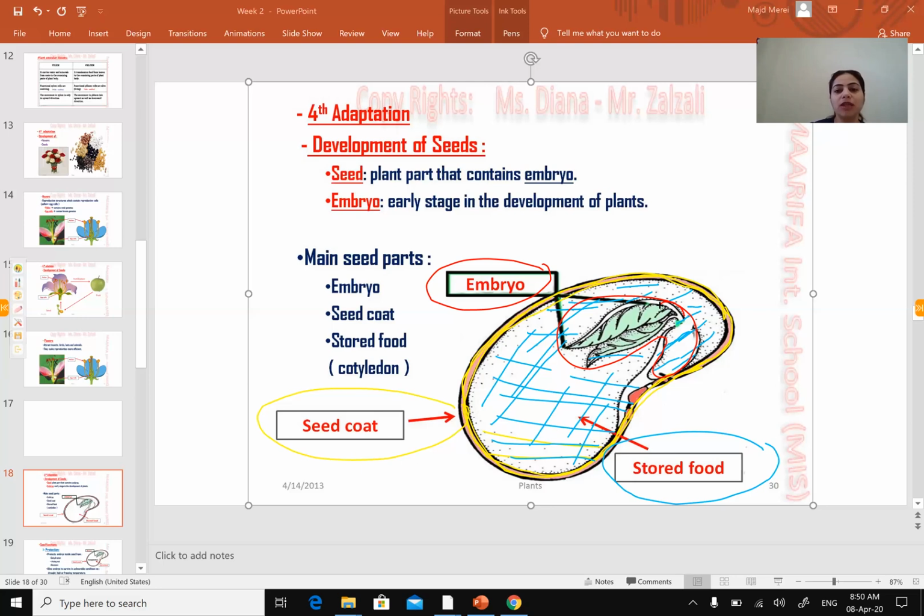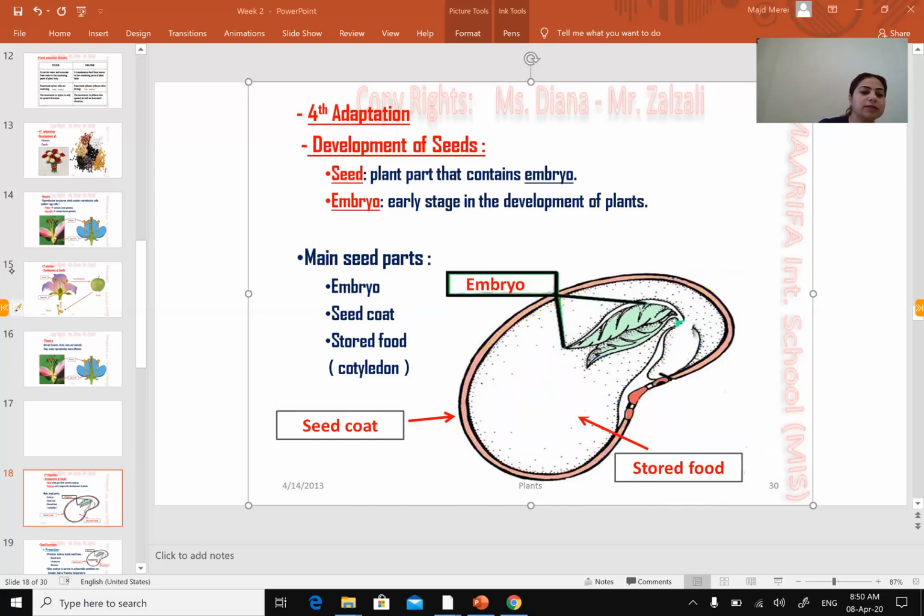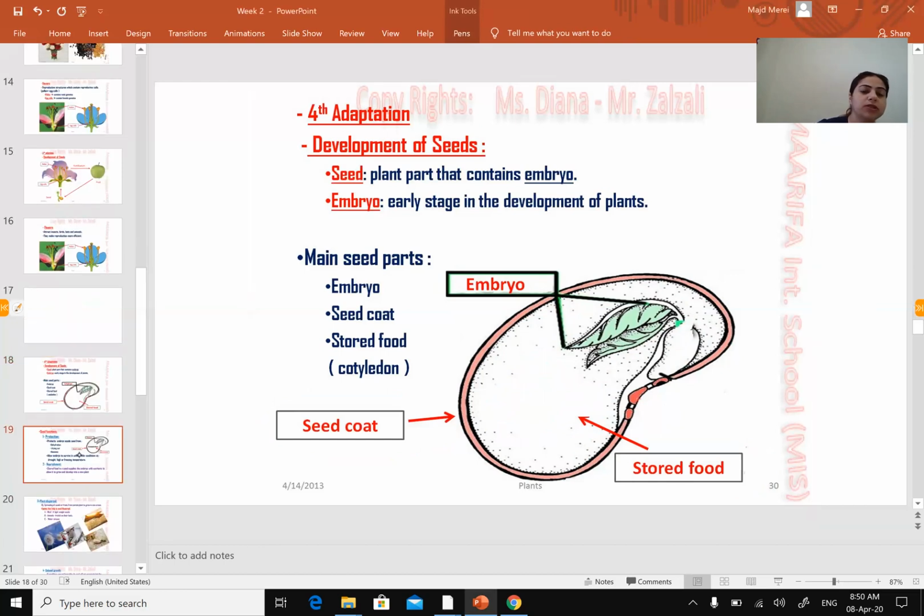So these are the three main parts of seeds. The seed coat, the outermost part, the stored food, and the embryo, which is the early stage in the development of plants. Now, we will go through the functions and the needs for seeds to germinate.